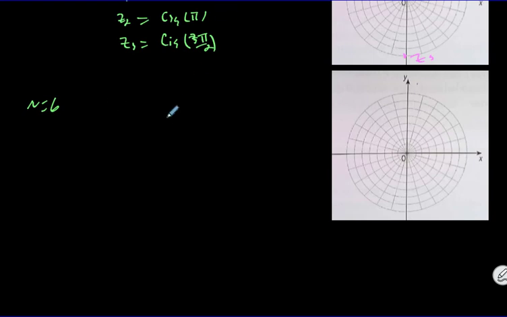So when I do n equals 6, I'm going to have z of 0, which is cis of 0, right? Then z of 1 is going to be cis of 2 pi over 6, which reduces to pi over 3.